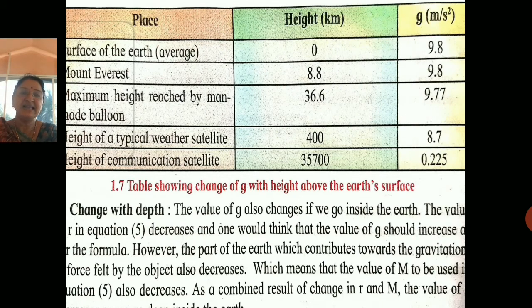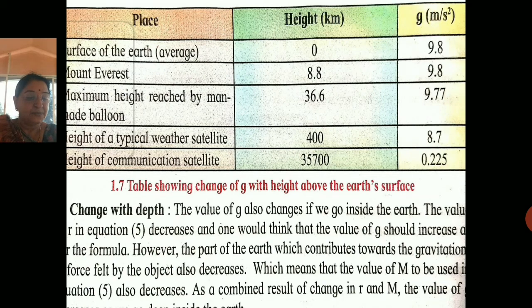But again there is another condition. As the object goes inside the earth, as the radius of earth decreases, the volume, that is the mass of that earth, also decreases. As the value of g is directly proportional to mass of earth, as the mass decreases, the value of g also decreases.